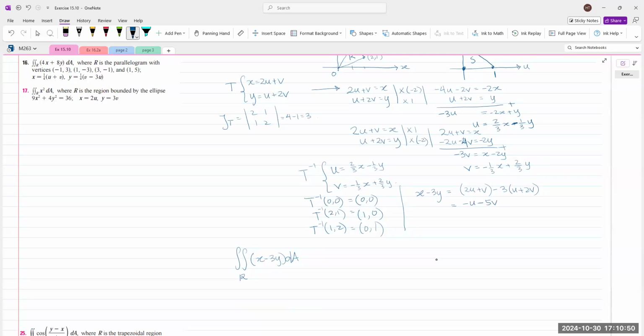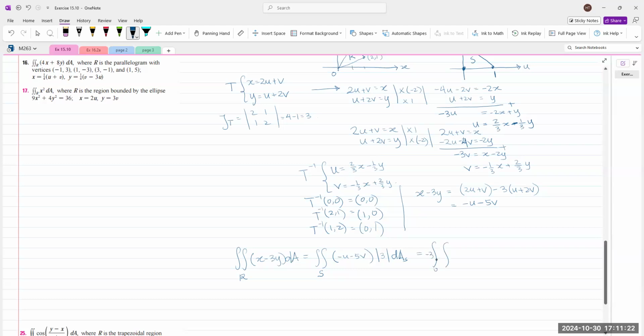Okay, so this will be double integral over domain S right now, not R anymore. And then in the integrand we have negative u minus 5v. Now don't forget to multiply by the magnitude or the absolute value of the Jacobian, in this case already positive 3. Okay, dA in terms of S, the good one. Now, if we go further, then you will see I can factor the negative 3 out.